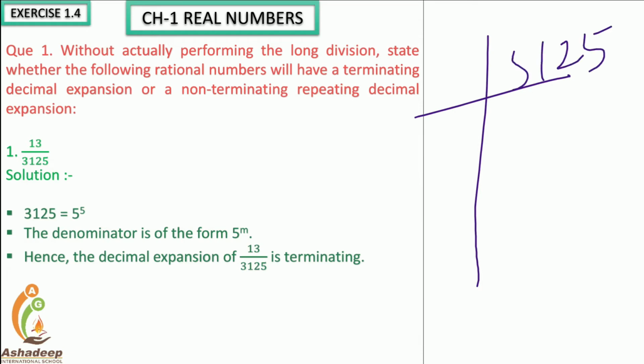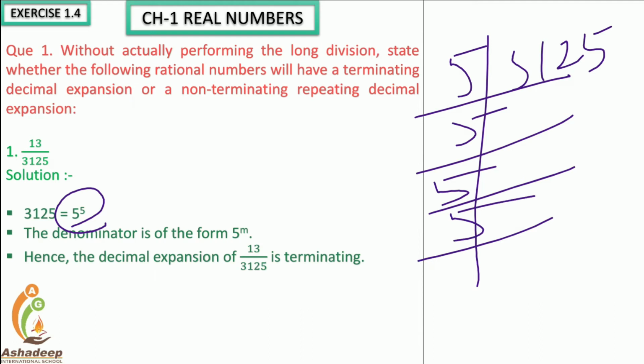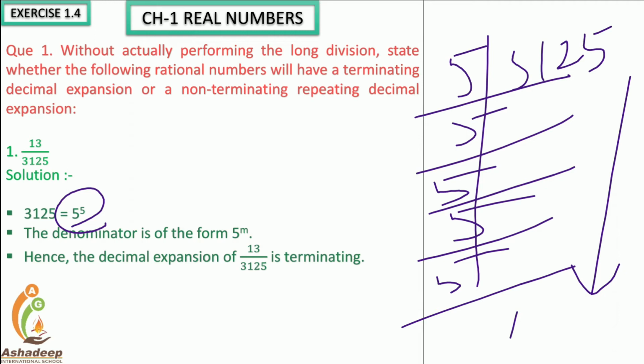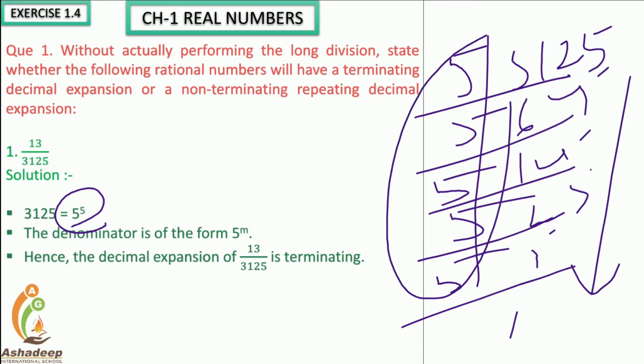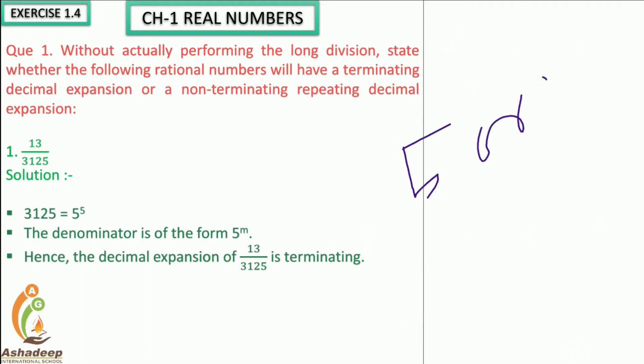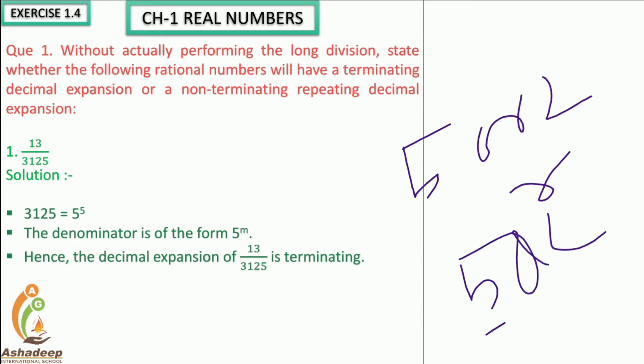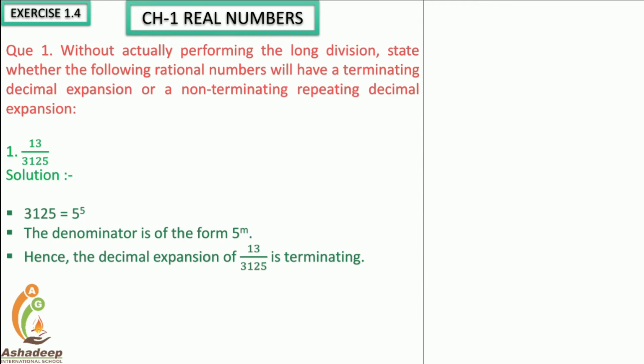If you do that, you will find it is 5 power 5: 625, 125, 25, 5 and 1, so 5 appears 5 times. In the denominator, if there is a 5 or 2 or a combination of 5 and 2, then it is a terminating term. Here it is only 5, so the decimal expansion is terminating.